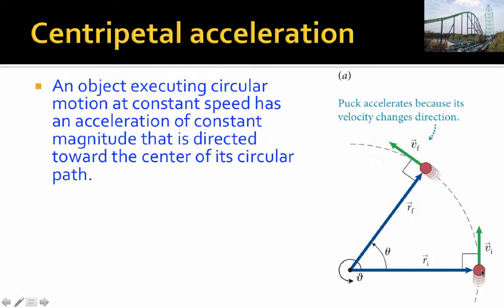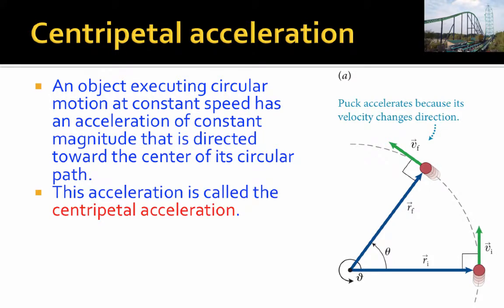So as this object goes in a circle, the velocity is tangential to the circle, the radius of the circle, or our r vector, is directed out towards the object, and the centripetal acceleration will be directed towards the center of the circular path.